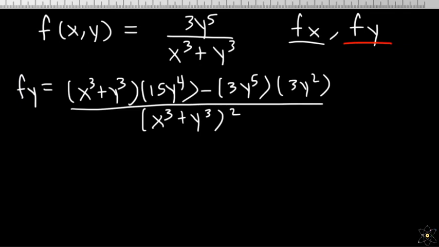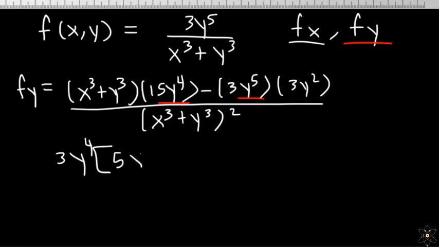So now let's see what we can do to simplify this expression. If we want to, we could distribute 15y to the fourth, or we can factor out 3y to the fourth. Let's factor out 3y to the fourth. If we do so, we'll be left with a 5 times x cubed plus y cubed.